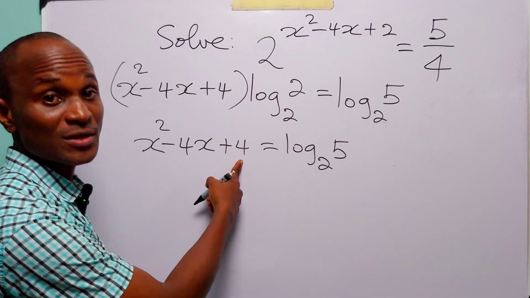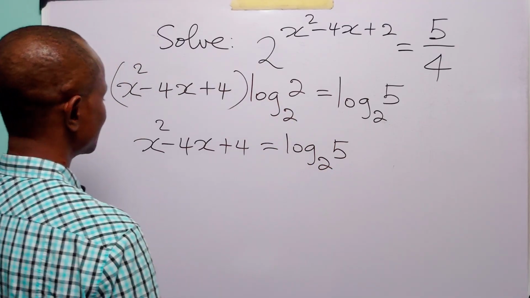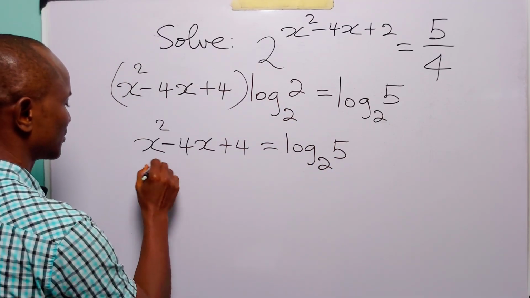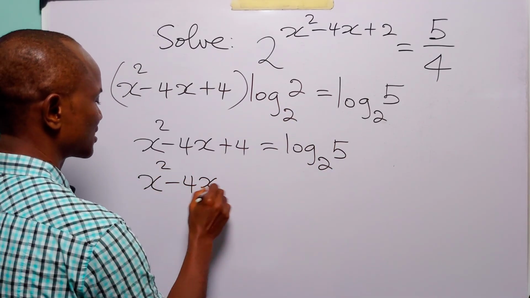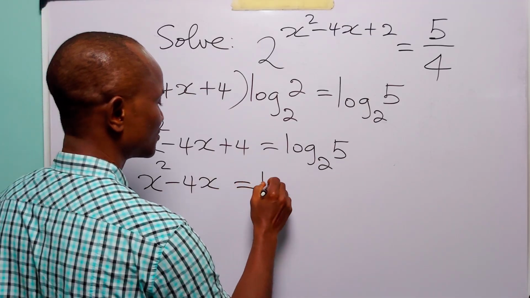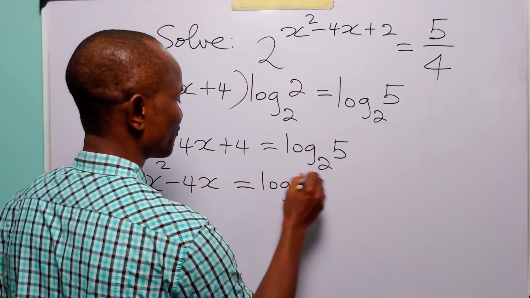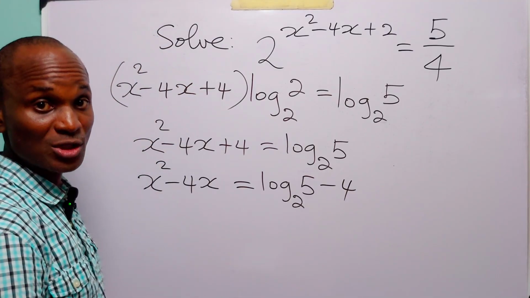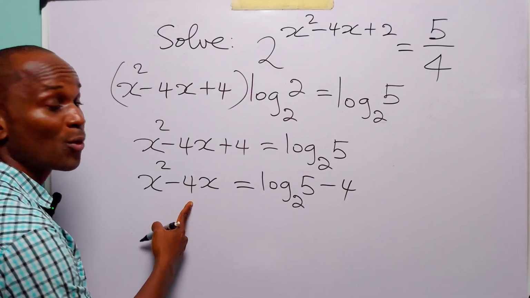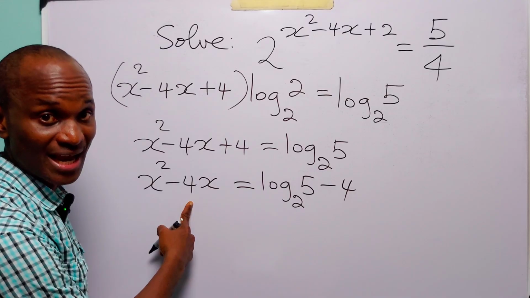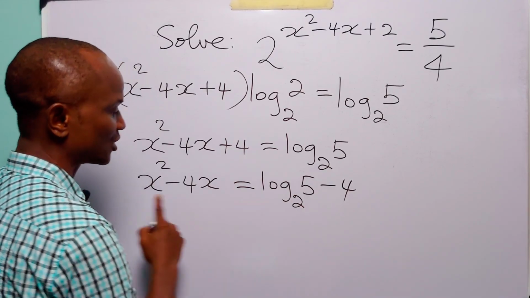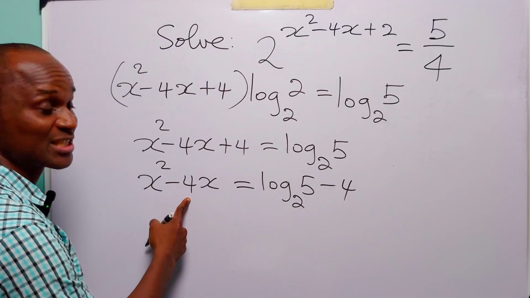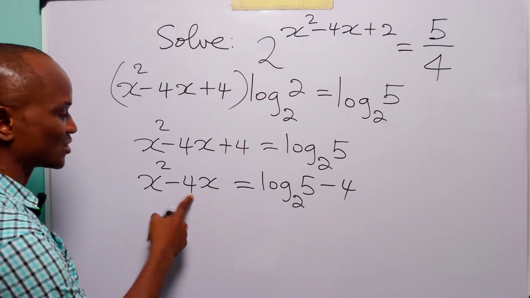Now let us take this constant term over to the right hand side. When we do that, we have x squared minus 4x is equal to log to base 2 of 5 minus 4. The next thing we are going to do is to add the square of half the coefficient of x to both sides of this equation. What is the coefficient of x? It is minus 4.